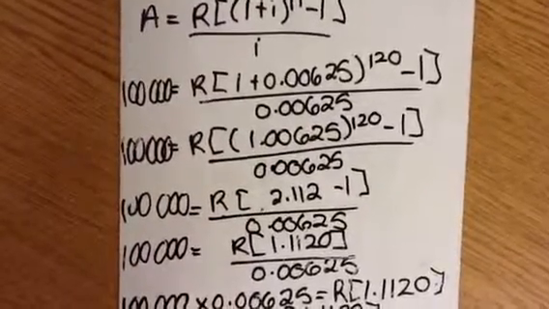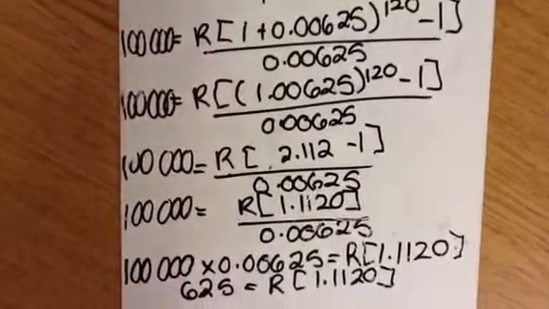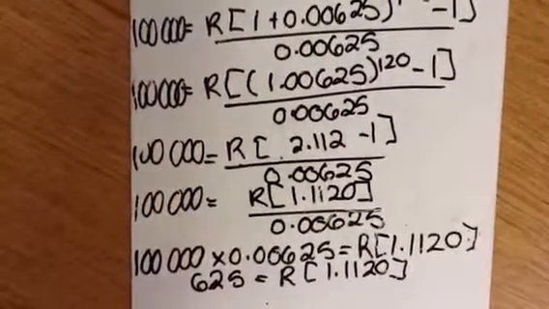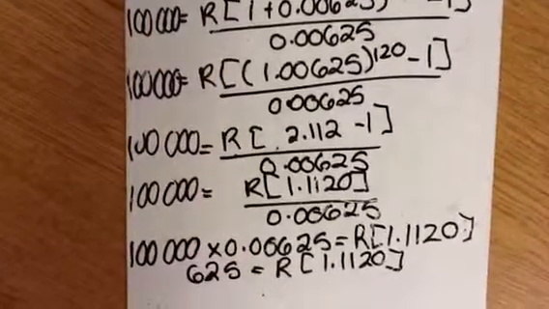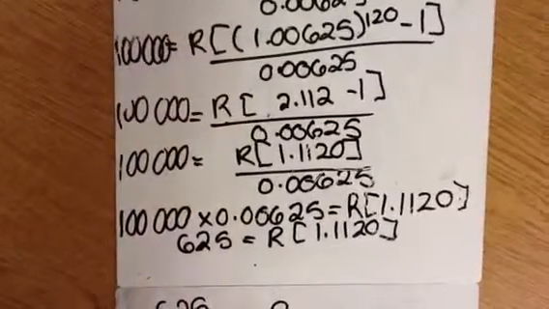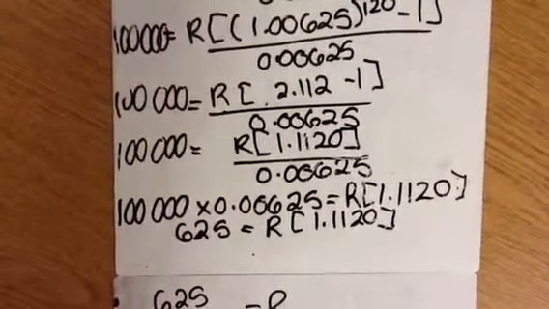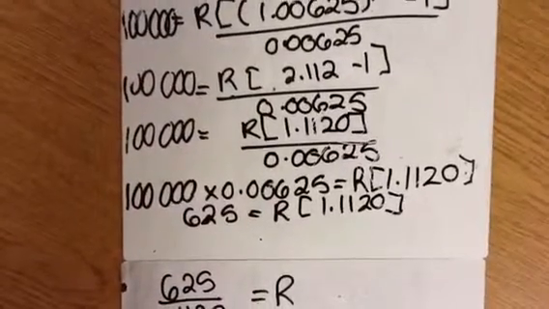The first step we would do is the inside bracket, which we would get the answer 1.00625. Then we would use the exponent of 120 and get 2.112. We'd still stay in the brackets and subtract 1 to get 1.1120.